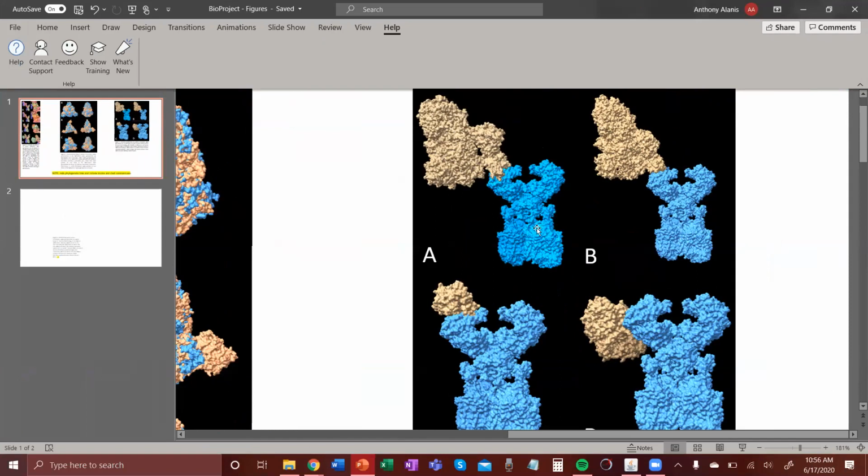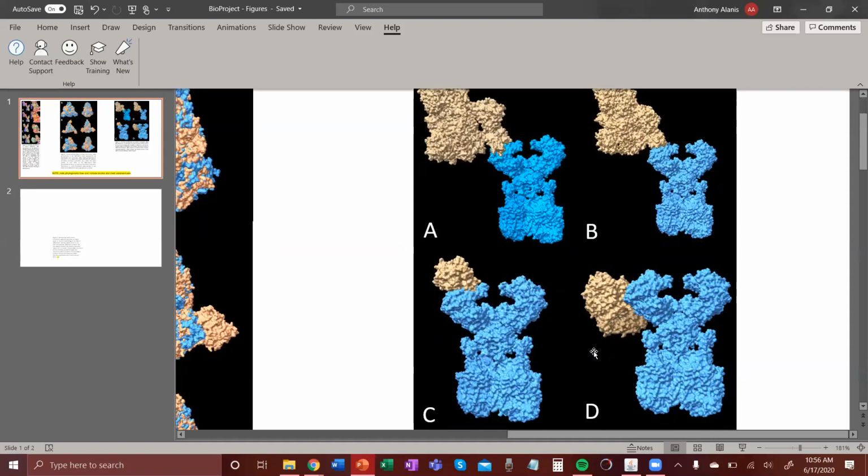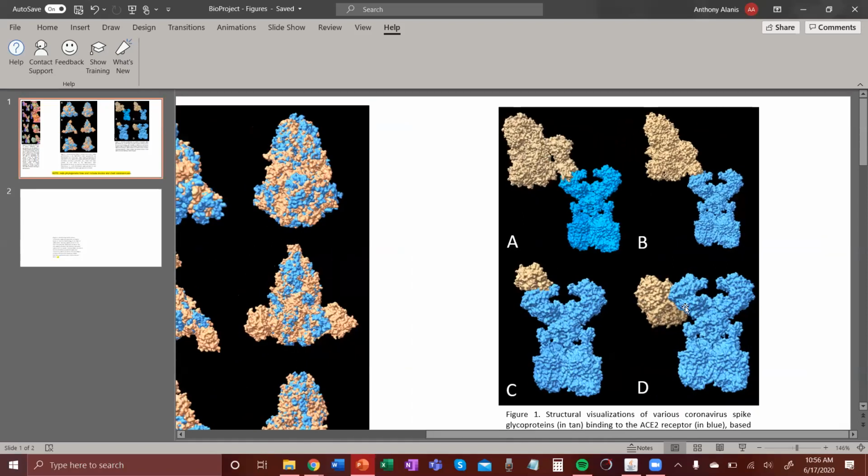And the blue is the ACE2 receptor. So I'm showing how different coronaviruses bind in a similar fashion to this arm of the ACE2 receptor.